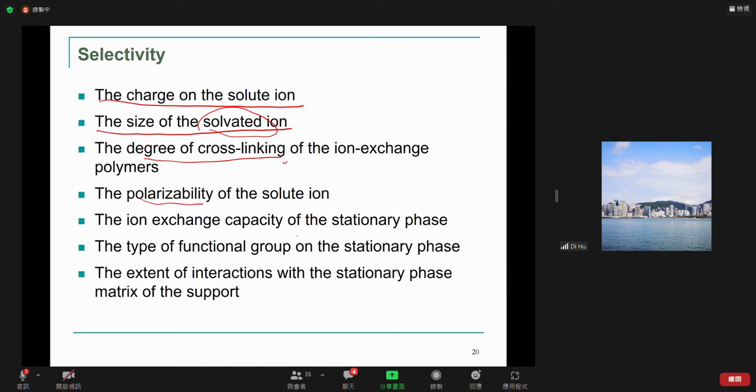Also the ion exchange capacity of the stationary phase, to see how much concentration it can handle, and the functional group, of course. And also the extent of interaction with the stationary phase matrix of the support. That is the secondary interaction, which you don't want; we call it an artifact.